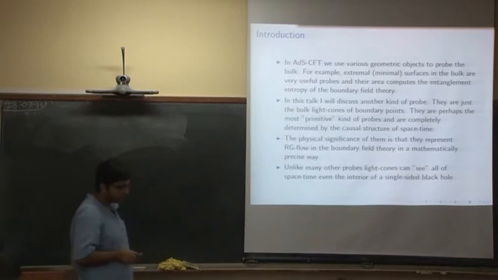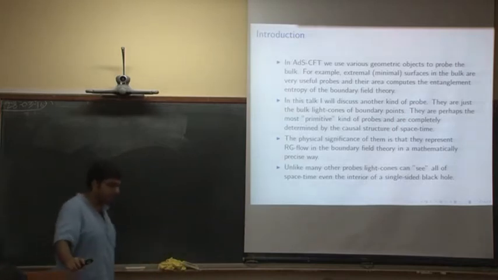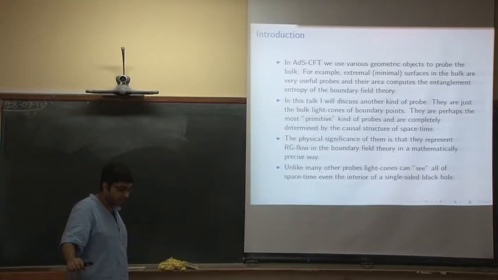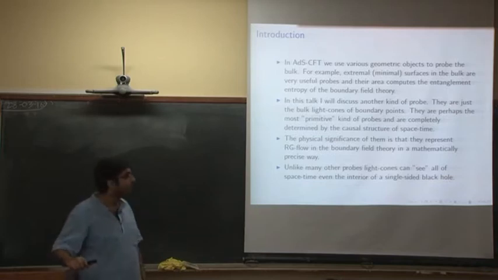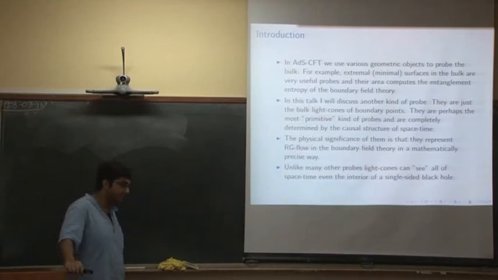So it's kind of folklore that we know that in AdS-CFT, the extra spatial dimension which you have can be identified with the renormalization group scale of the field theory.